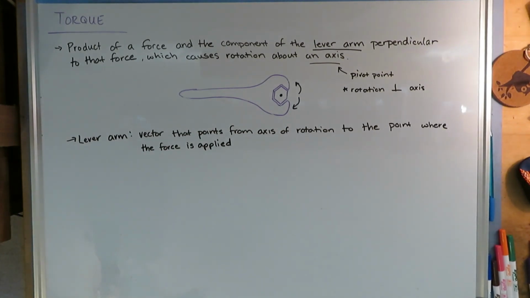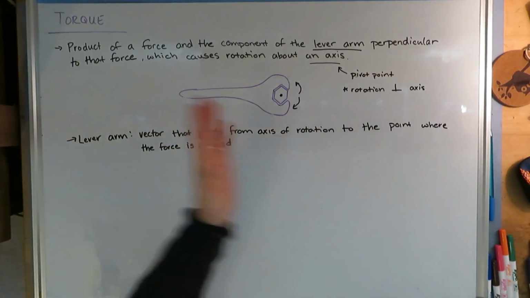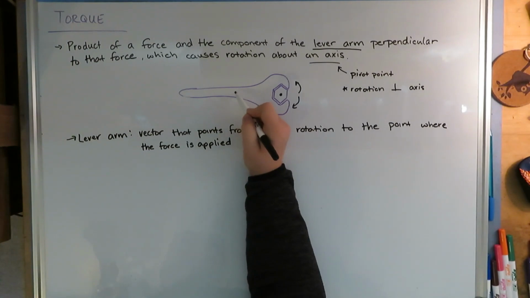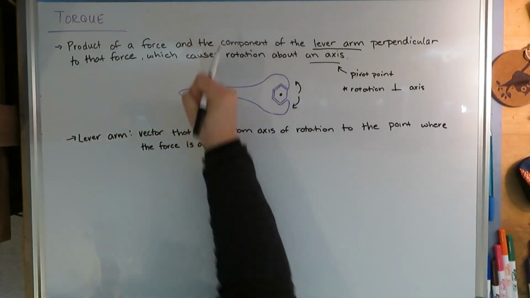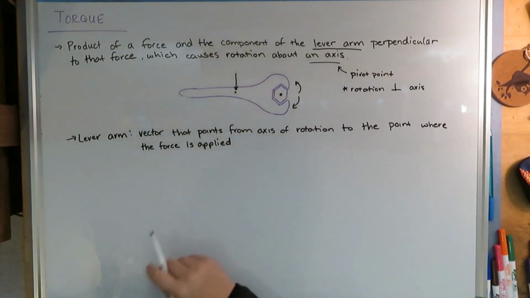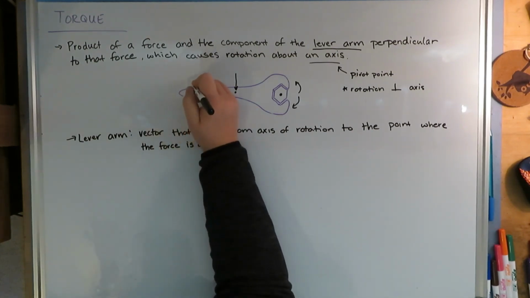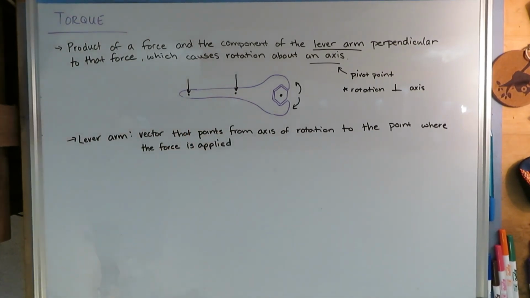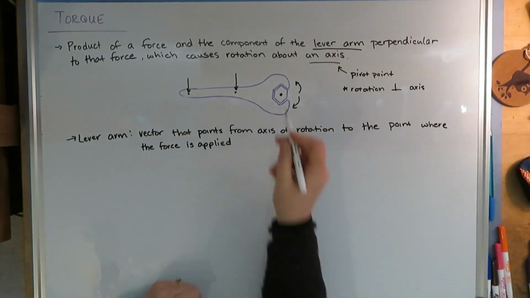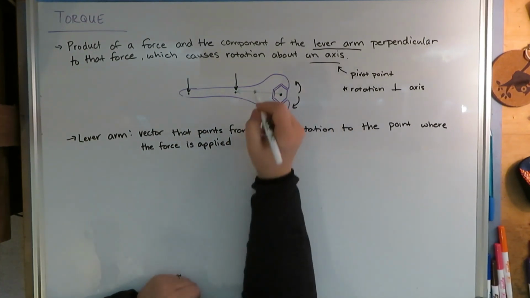So in order to define the lever arm, you have to actually know where your force is located. For example, if I applied a force at this point by putting my hand here so that I could turn this wrench, or I apply a force closer to the end of the handle, the lever arm would be measured directly to that point. So for this one, I would have a lever arm here.